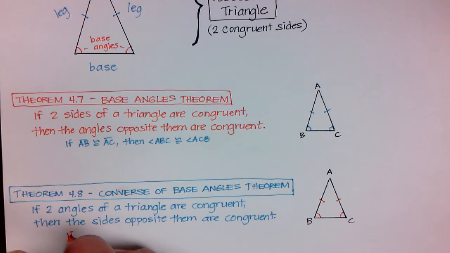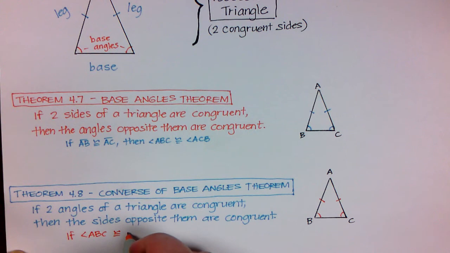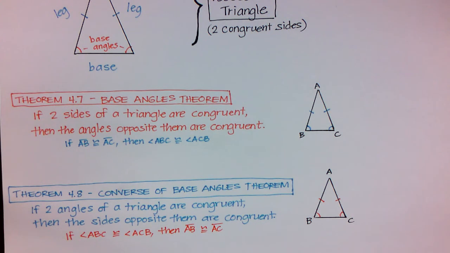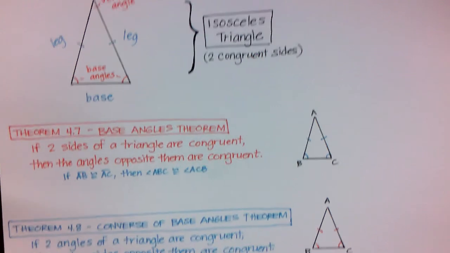So let's write that down. If angle ABC is congruent to angle ACB, then AB is congruent to the other side, AC.